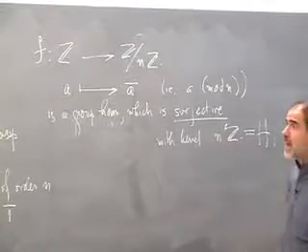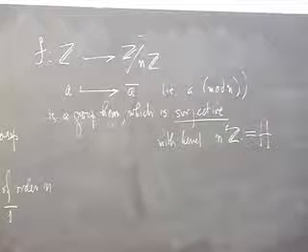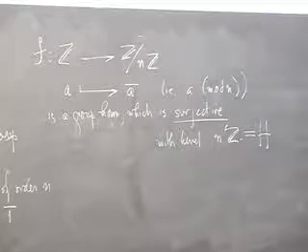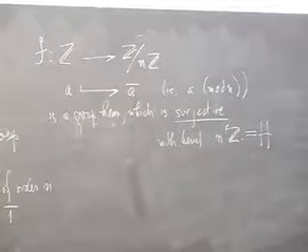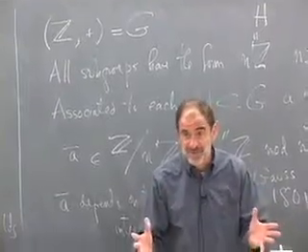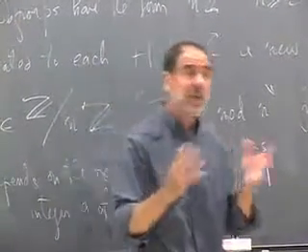Okay? Now, this is a much richer case than the average group. And the reason it's a richer case, and Peter went into this a little bit last time and we'll return to it, is that the integers have a much richer structure than just addition. Right? The integers also have the product structure, multiplication.